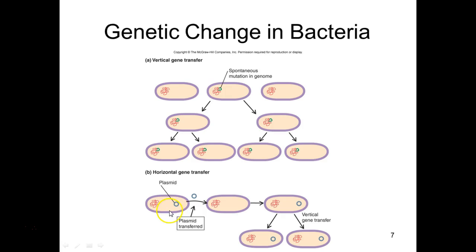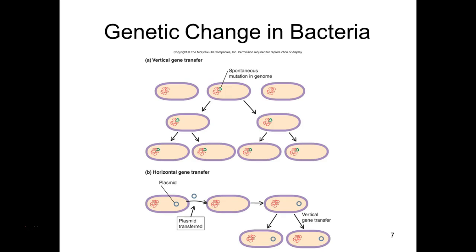So this goes from one cell to another, cousin to cousin. And there are 3 different mechanisms which will get it there, and we'll talk about those after break. But once he has it, or she has it, that then gets passed on vertically, right? So stuff moves horizontally, but is going to continue to be passed down vertically.